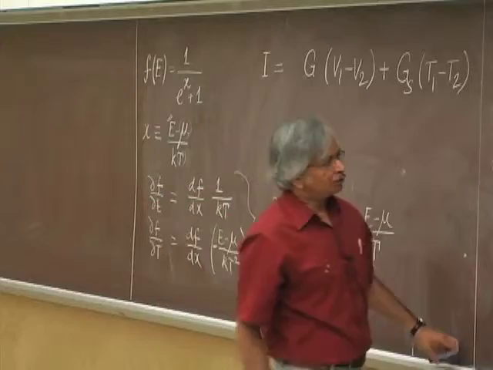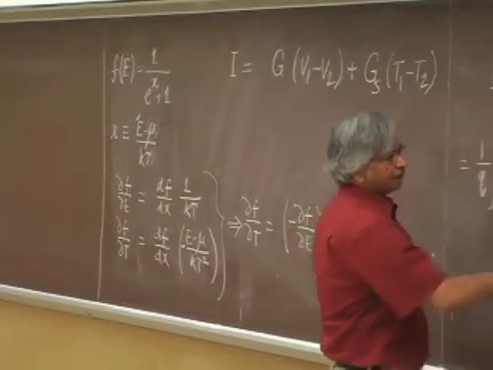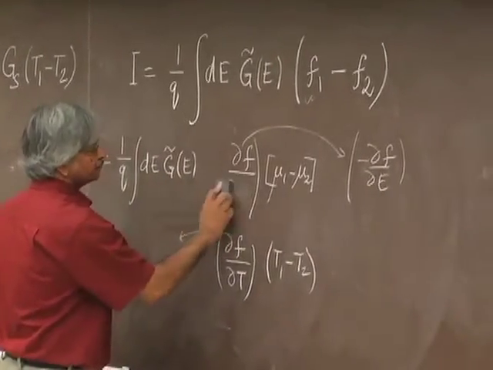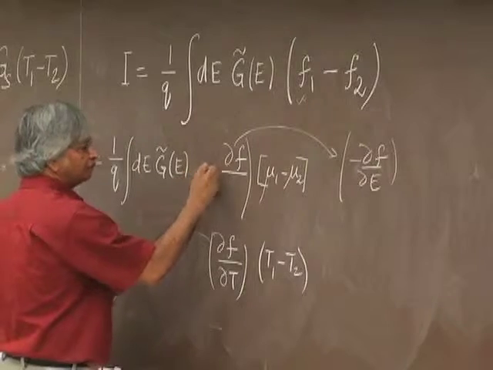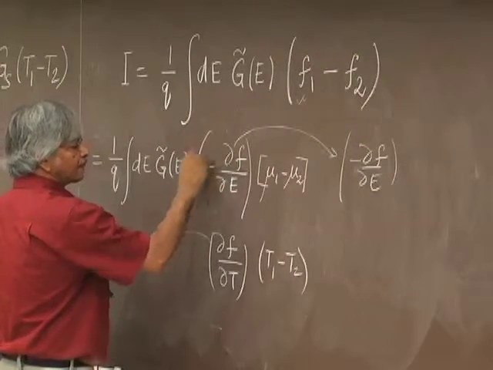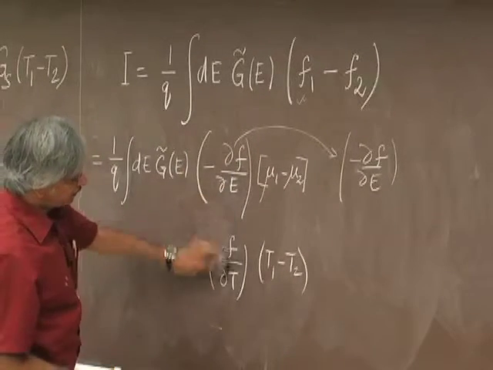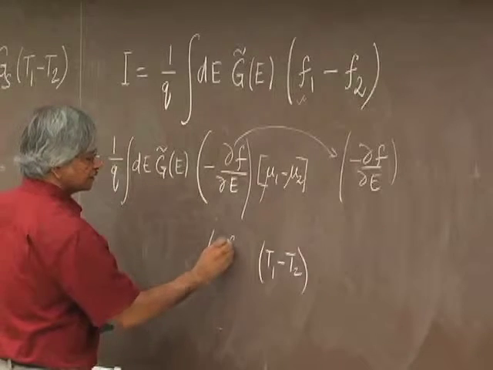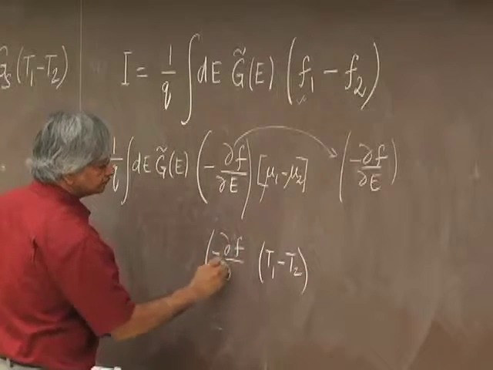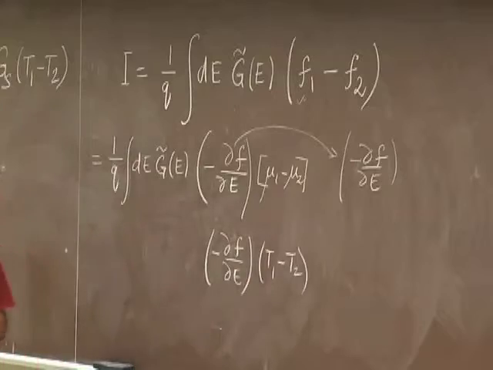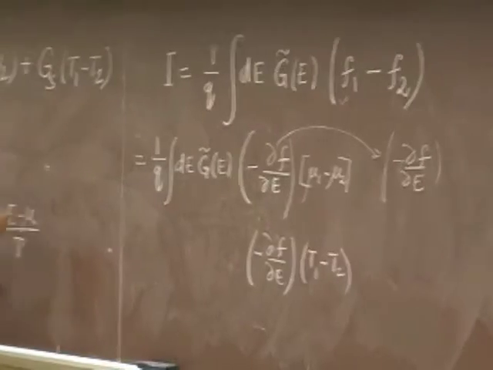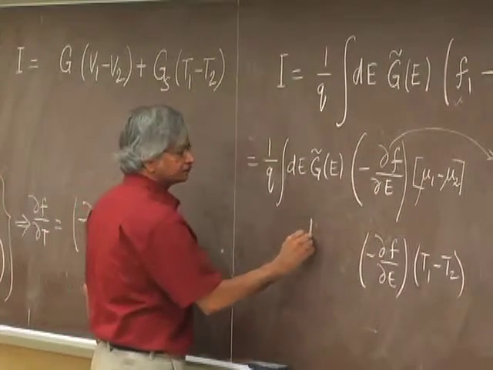Just as del f del mu became minus del f del E, which is what we had done before, this one then becomes minus del f del E, but there is this (E minus mu) over T in front of it.